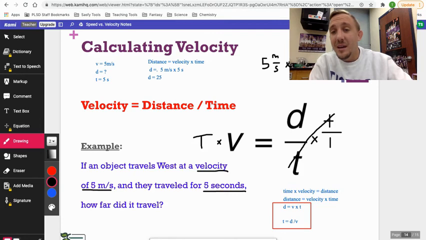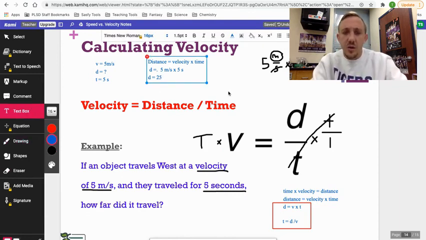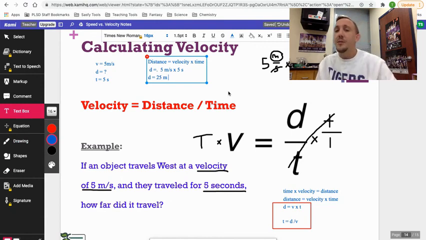Anything unit-wise is over 1. So technically seconds is on top over here and it's on the bottom. These end up canceling out. What I'm left with is m over 1, which is just m. And if you think about it, my unit for distance is meters. So it's going to be 25 meters.